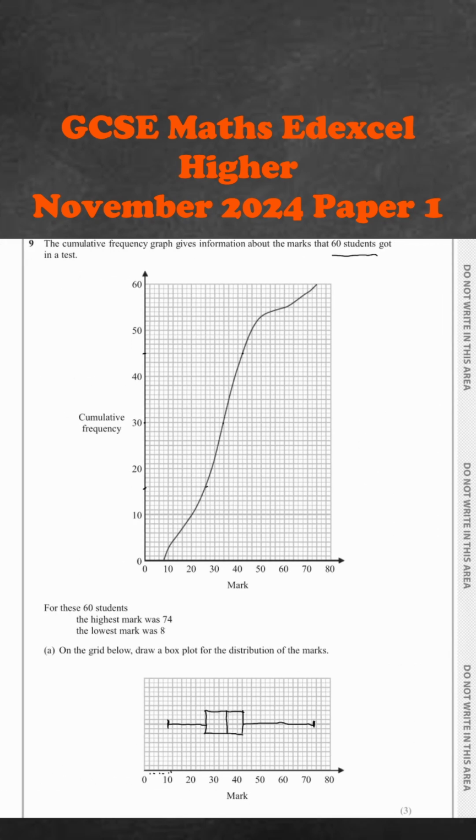So returning to our graph, we have a mark of 40, and I'll go all the way up to my diagram to here. And as you can see, this here is 42. So we have that exactly 42 students got a mark of 40 or less.